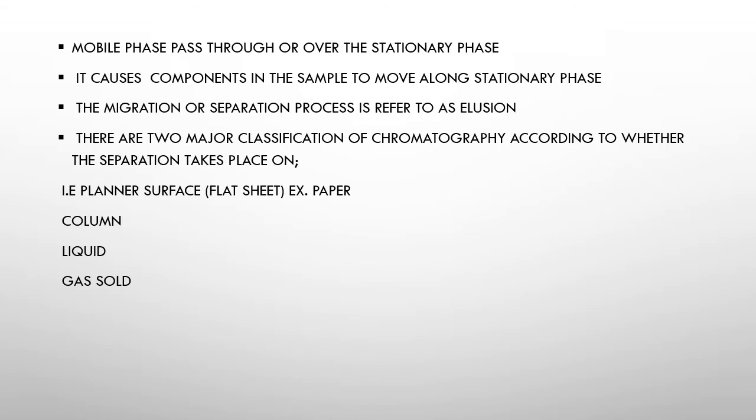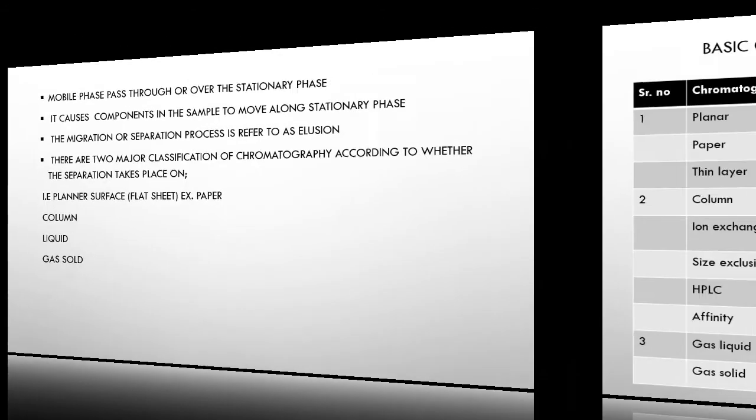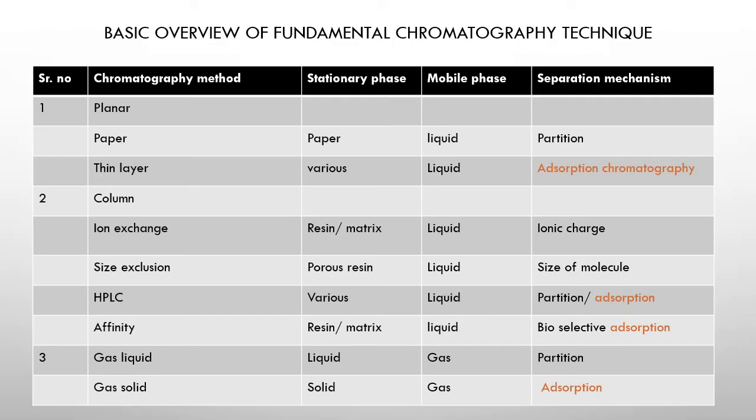There are two major classifications of chromatography, according to whether the separation takes place on a planar surface or in columns, liquid or gas solid. Here is a chart, a basic overview of fundamental chromatography techniques: planar chromatography, column chromatography, gas liquid chromatography.